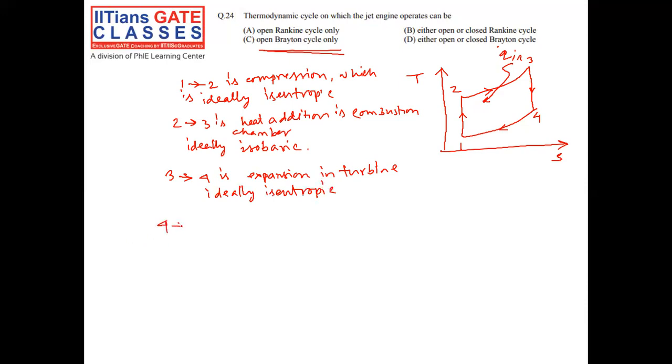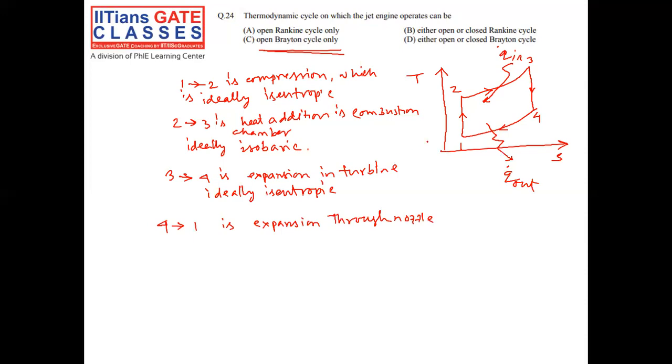And 4 to 1 is expansion through nozzle. And this heat rejection takes place in this process also, in this part 4 to 1. Heat rejection.